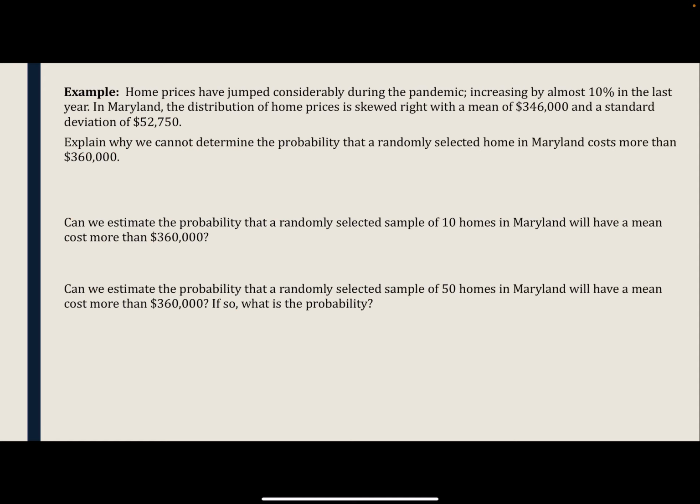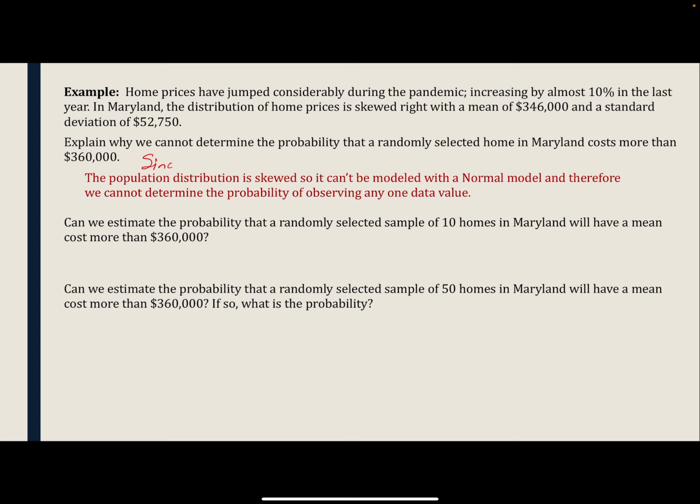And if we can't do that, then we can't find the probability. So I have that the population distribution is skewed, so it can't be modeled with a normal model, and therefore we cannot determine the probability of observing any one data value.